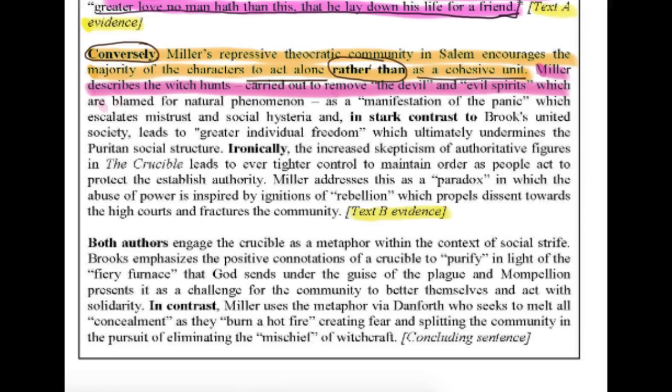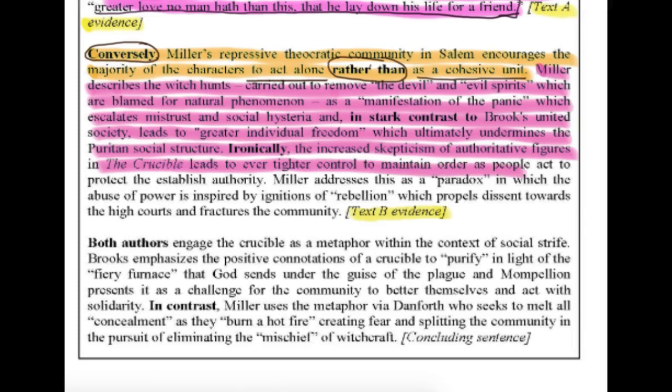So if we look through this, you can see the explanation. All of this in pink is the evidence to support the statement of text B, which relates to the topic sentence and, in turn, the prompt.